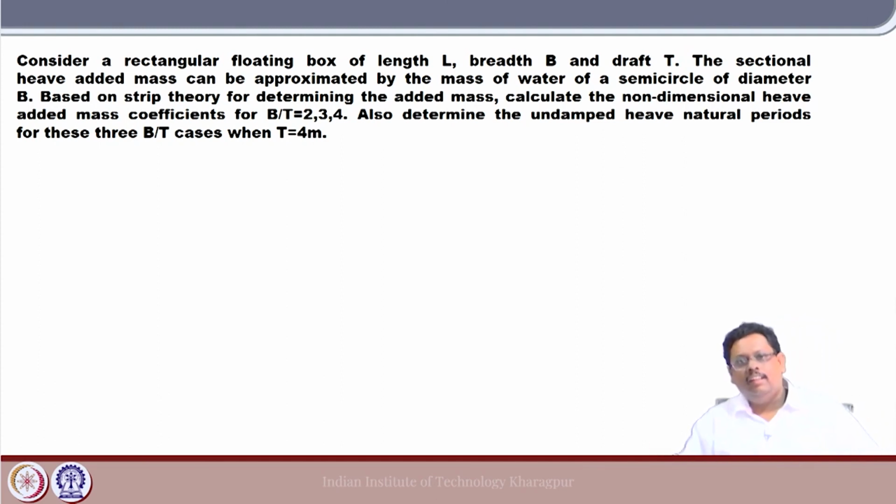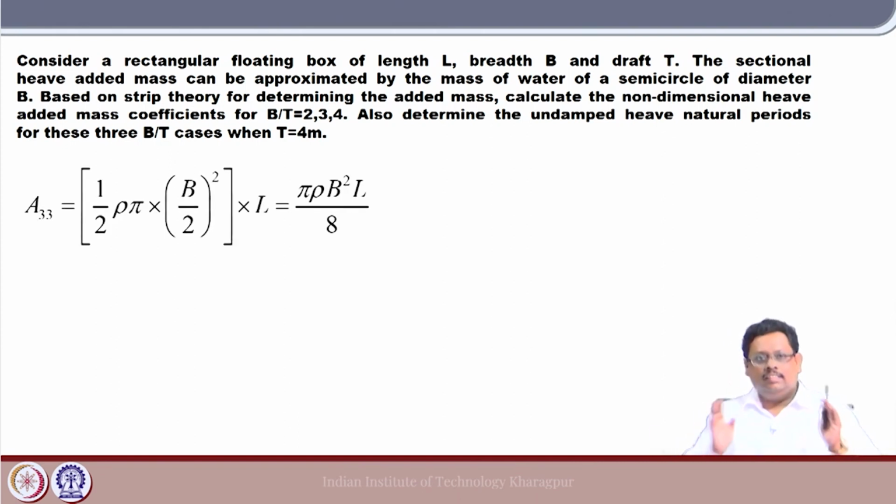Now, how to do that? Here the sectional added mass is nothing but the area of a semicircle whose diameter is equal to the beam.